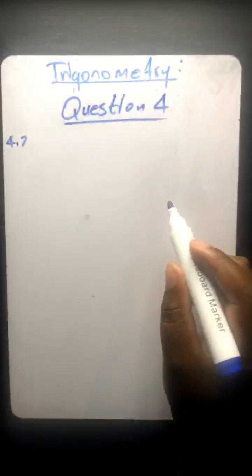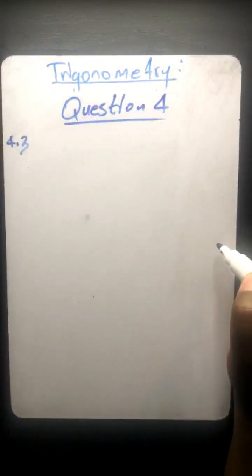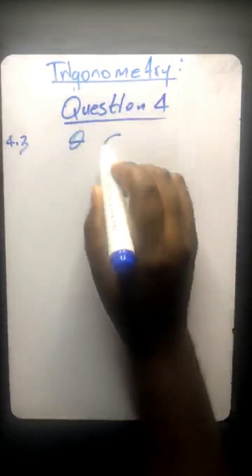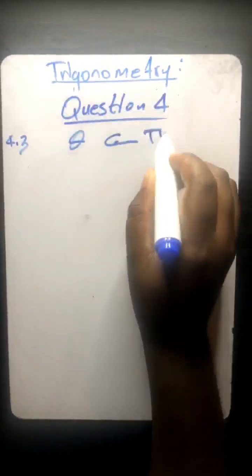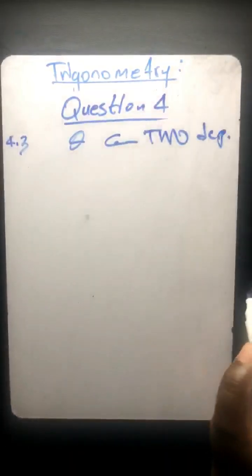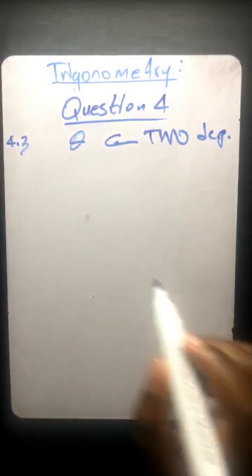Okay, so let's see. Now, 4.3 being our last question, it says solve for theta correct to two decimal places, without using a calculator.